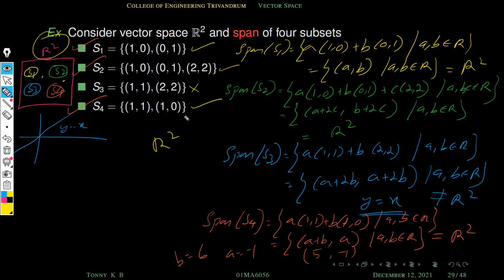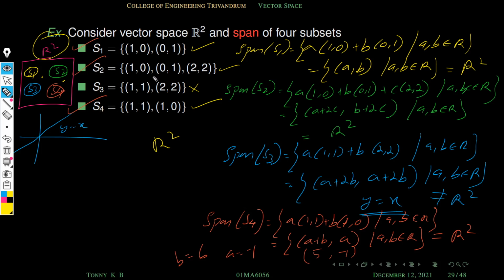Then there is a natural question. Out of these three representations, because these three sets represent the same vector space, which ones are best? Which is the best one? Best means with respect to the size of the set, because we can generate entire R square using S1, S2 and S4.